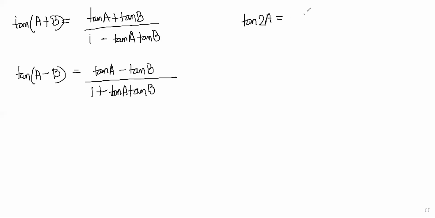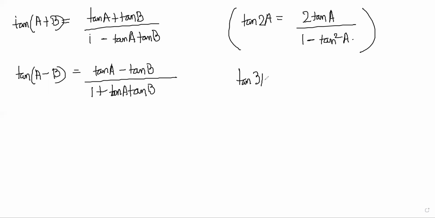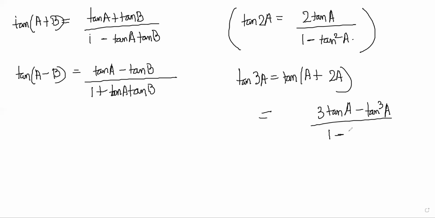Tan 2a will be simply 2 tan a by 1 minus tan square a. And if you know tan 2a, you can get tan 3a. Tan 3a will be tan of a plus 2a. After simplification, it will come out to be 3 tan a minus tan cube a by 1 minus 3 tan square a.